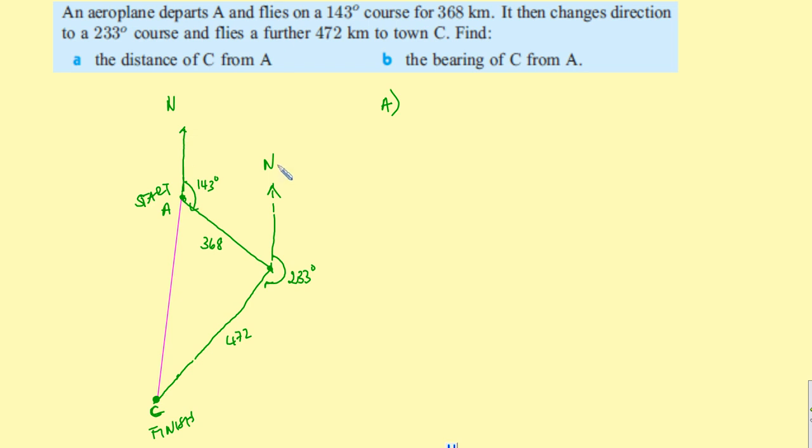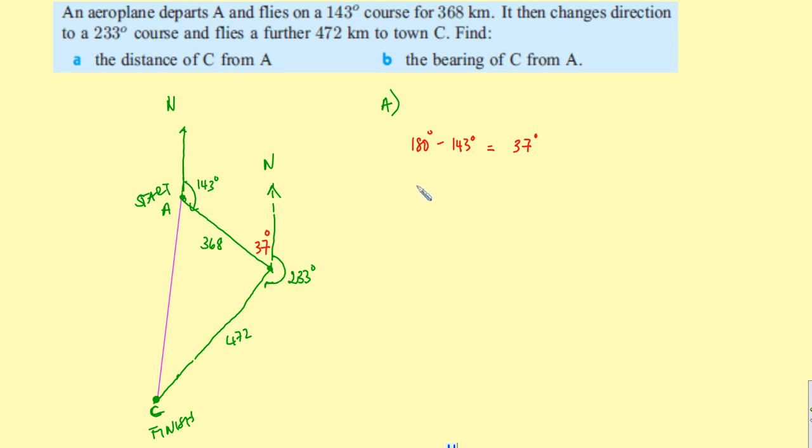Here, that's north and north, with our transversal crossing through, so if I do 180 degrees minus 143, that's going to give us an angle internally of 37 degrees. So we know that that angle is 37.